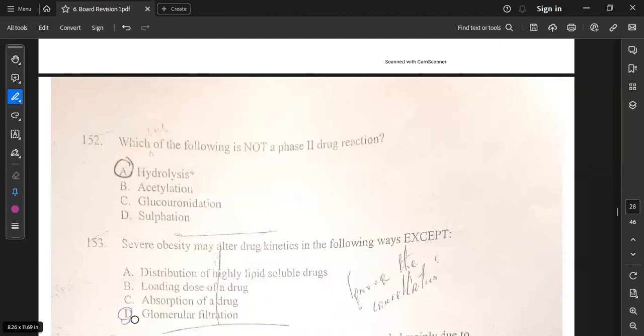Pardon, can you explain that? Like if you have a lot of adipose tissue, the drug will sit in the adipose tissue and will not be available for systemic circulation.